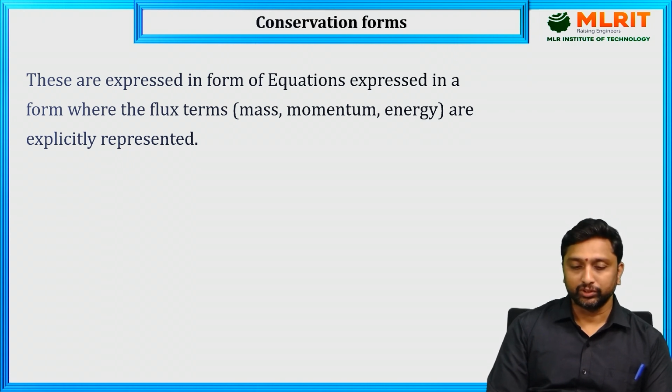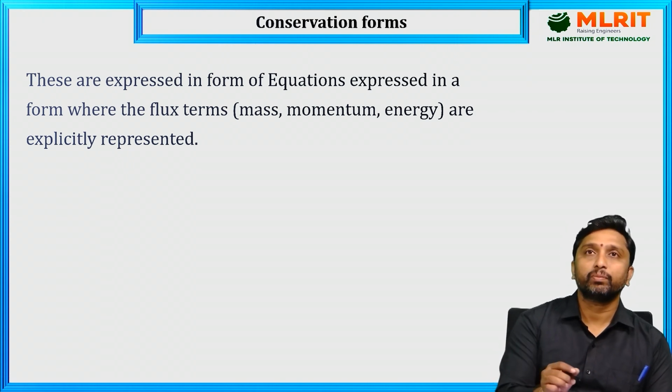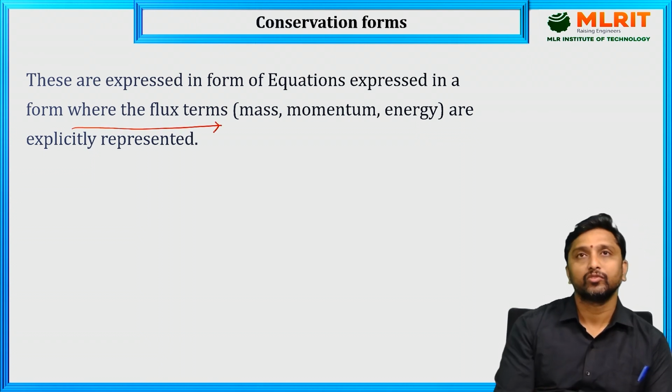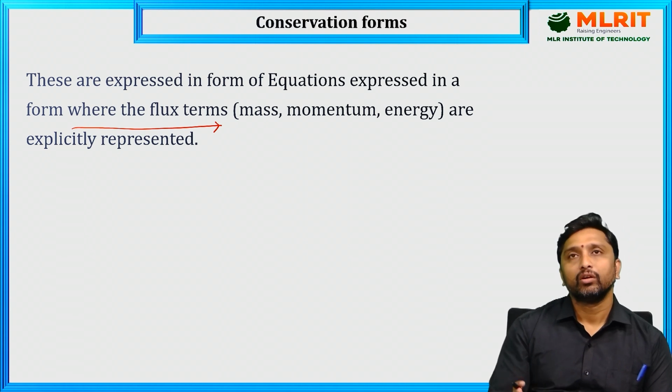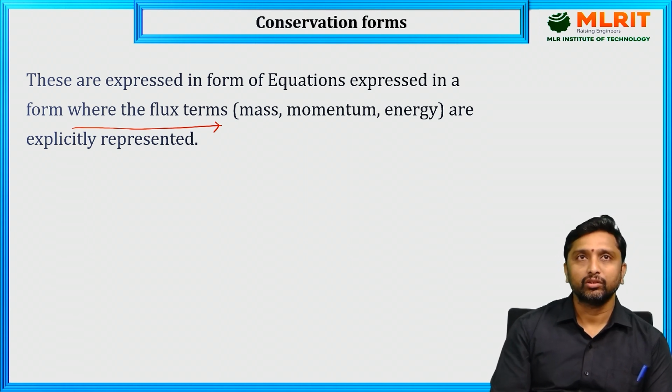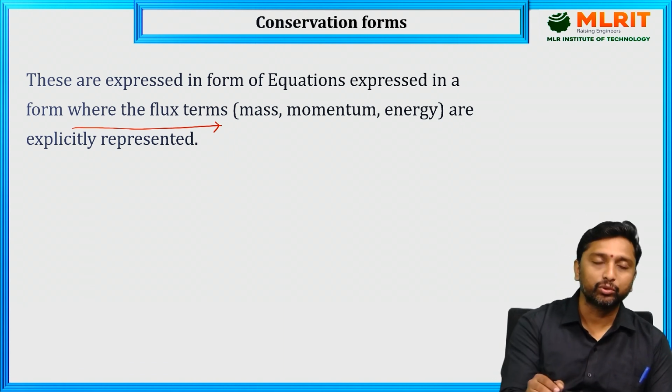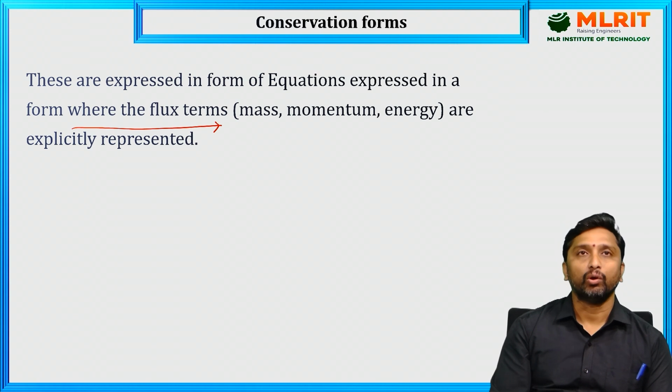Conservation form of equations. These are expressed in form of flux. So directly these are derived from control volume fixed in space in the form of integral forms. Then this will be reduced into partial differential forms.